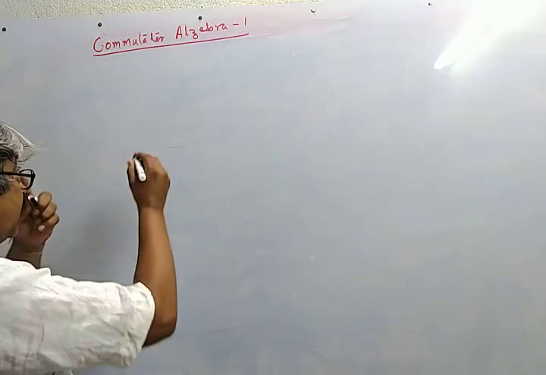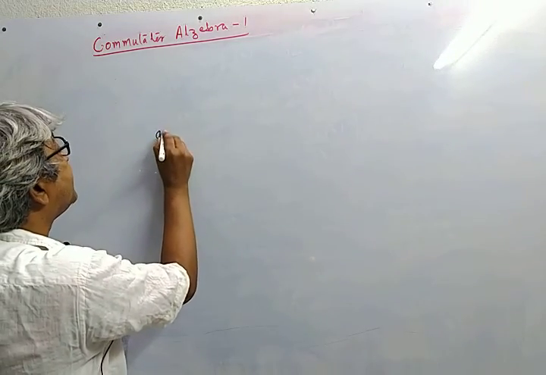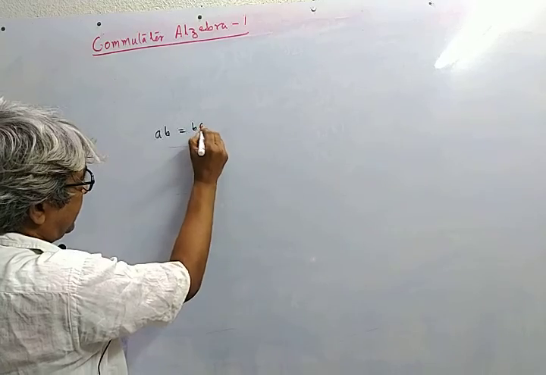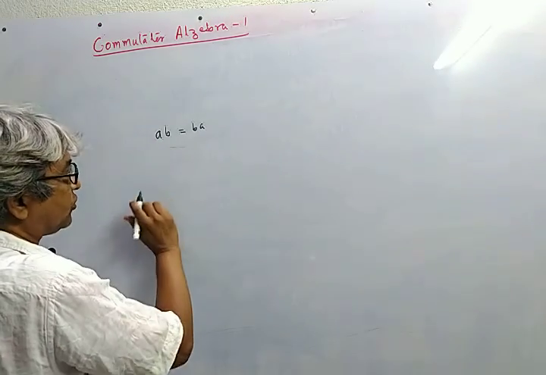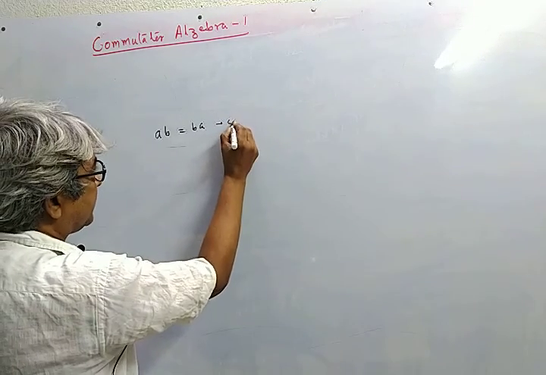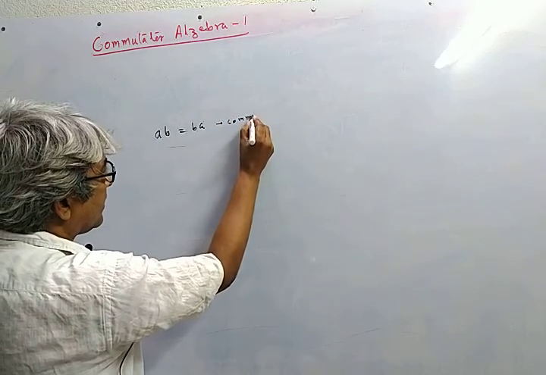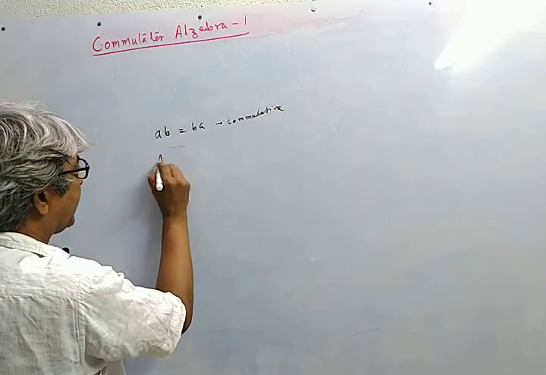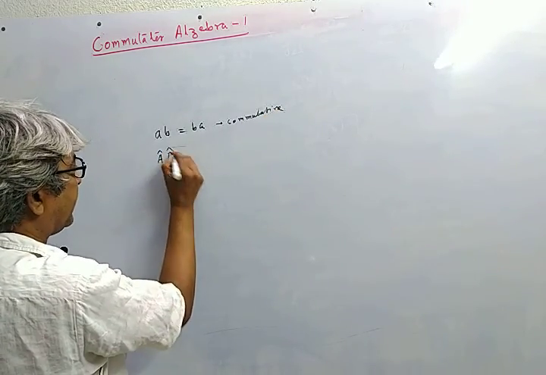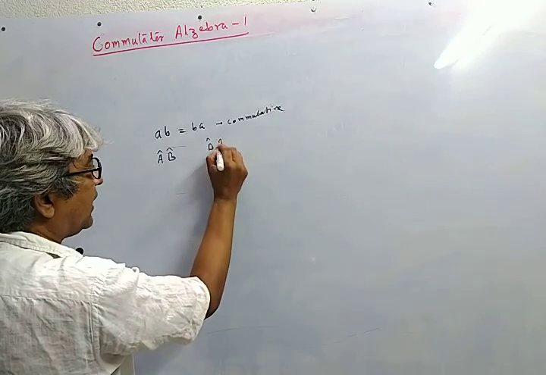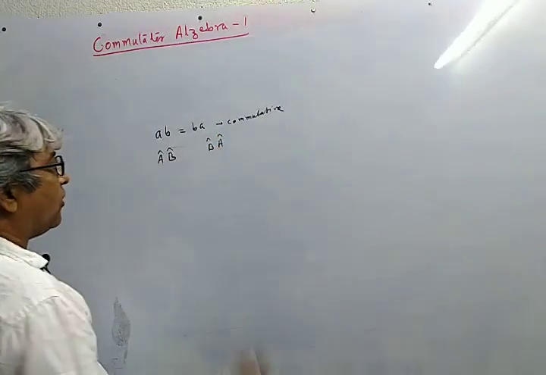In common algebra, we know if we have two quantities A and B, then BA and AB are the same, that is to say, this is commutative. But if we have two operators, operator A and operator B, they may not always be equal.